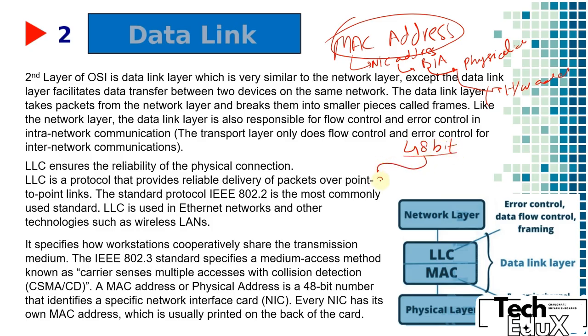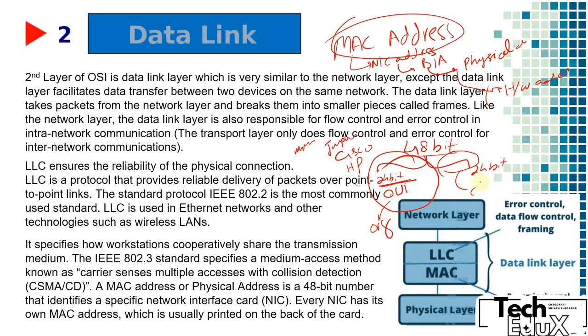It is divided into 24-bit portions. The first 24 bits are used for the OUI, organization unique identifier. Cisco has its own identification for MAC addresses, HP has its own, Juniper has its own, Microsoft. So all these vendors use the first 24 bits to uniquely identify the company or organization. The rest, 24 bits, is for the client.